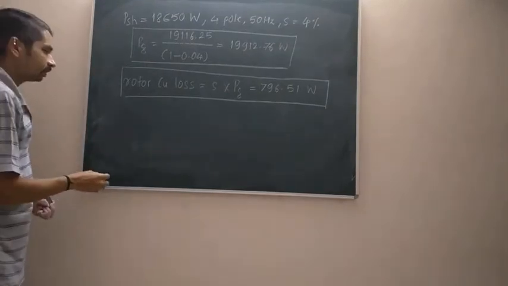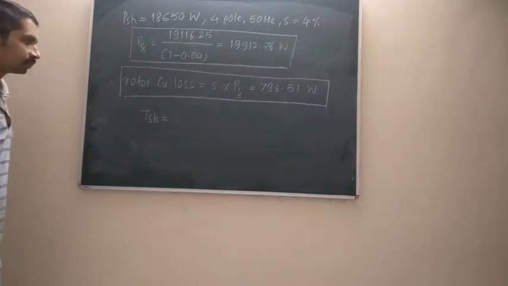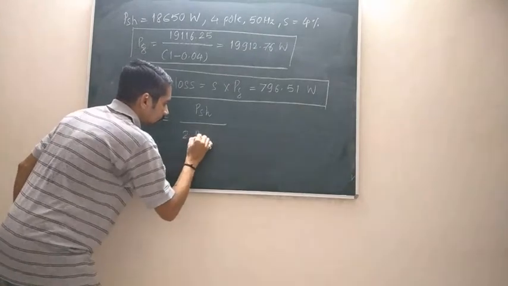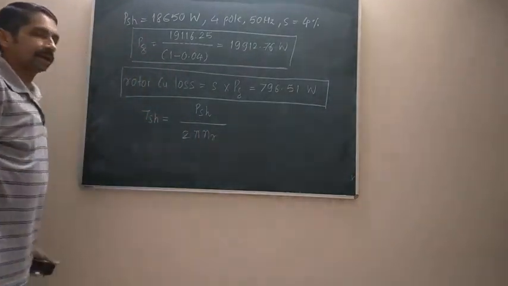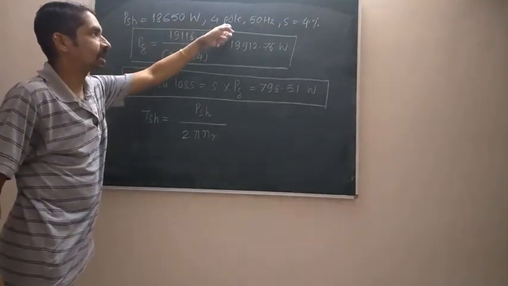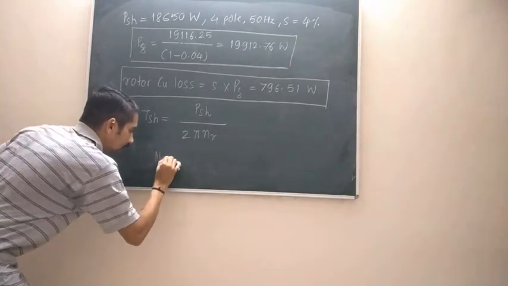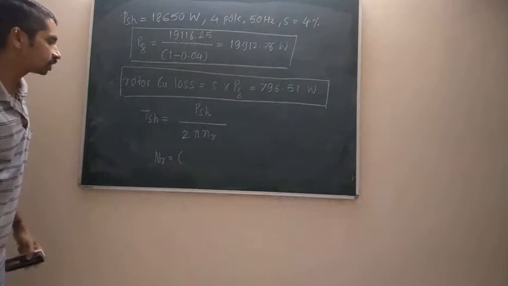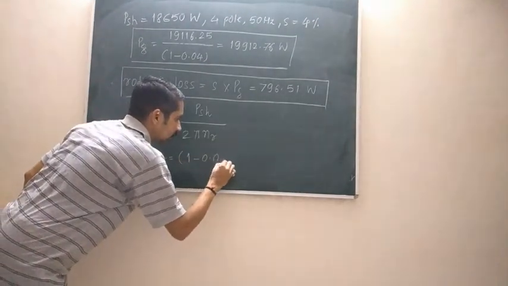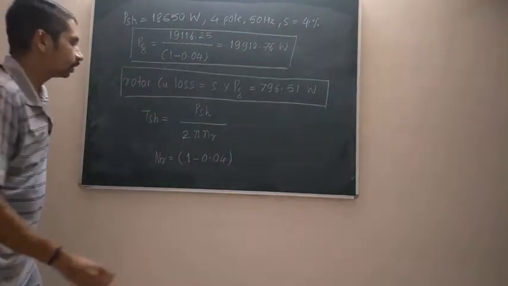And now what is left? We have to calculate the shaft torque. Shaft torque is given by the formula PSH upon 2 pi nr. Now slip value they have given, number of poles and the frequency they have given. So I can calculate the rotor speed. I will do that calculation here again. Rotor speed nr is equal to (1 minus s) into ns, that is (1 minus 0.04) into ns.